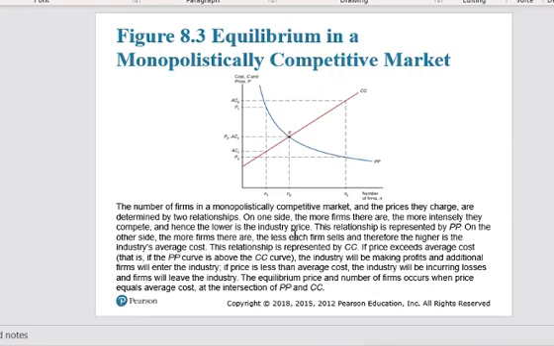On one side, when you're going to the right, the more firms there are, the more intense the competition is going to be, and the lower the price they will charge. This is the market price, and if you have more firms operating in the market, you're going to charge a lower price because of the higher competition, right?